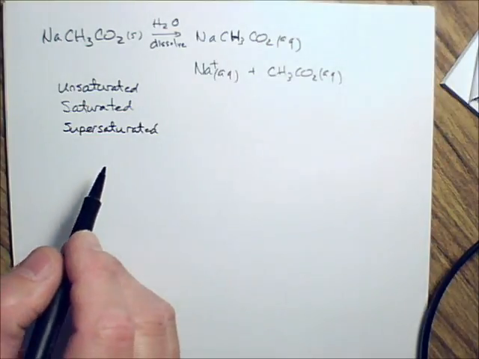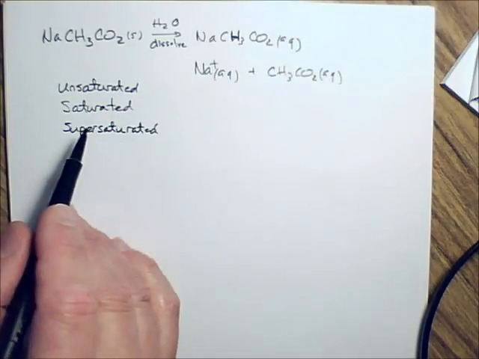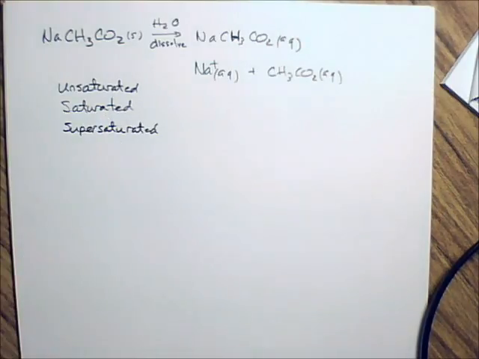All right. So what I did was I reached the point of saturation with our two demonstrations here in two different ways. One way was to initiate crystallization, starting with a crystal.